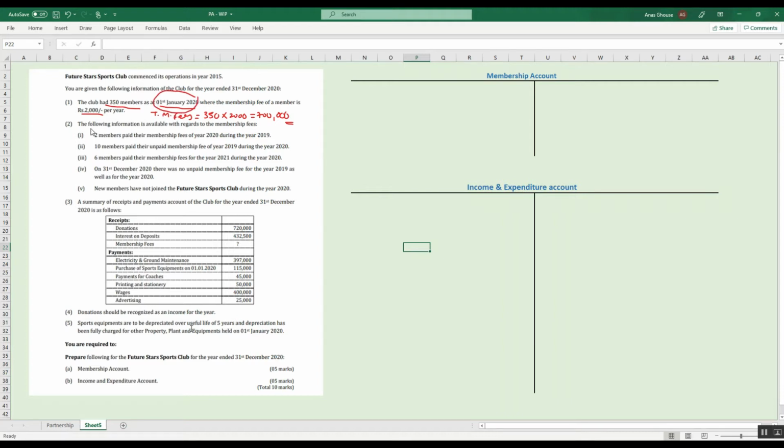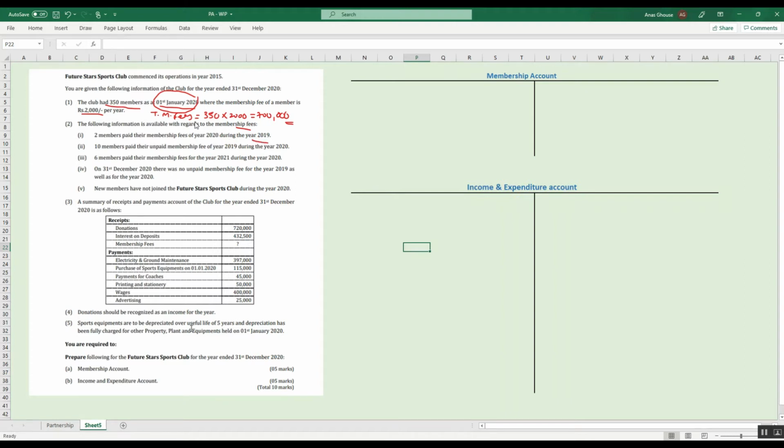Also you are given the following information with regards to the membership fees. Two members paid their membership fees of year 2020 during the year 2019.